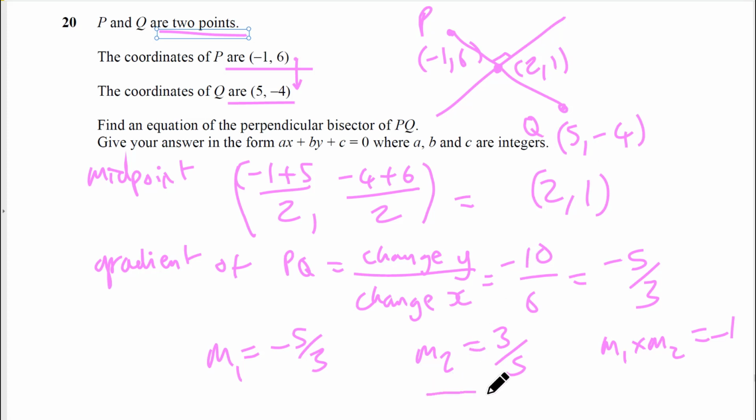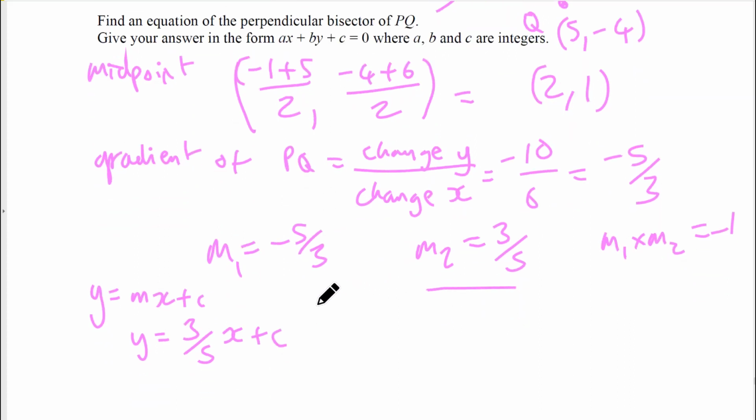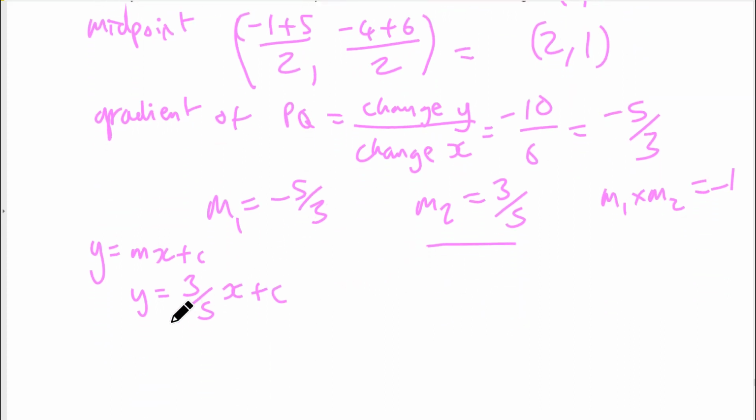So when we have our m2, we're almost done. We just use y equals mx plus c. So we have y equals 3 over 5 x plus c. We've got the point that goes through 2, 1. So that's 1 equals 6 over 5 plus c, which is going to make c equal minus 1 over 5.